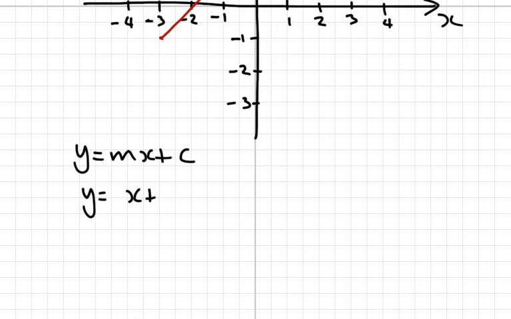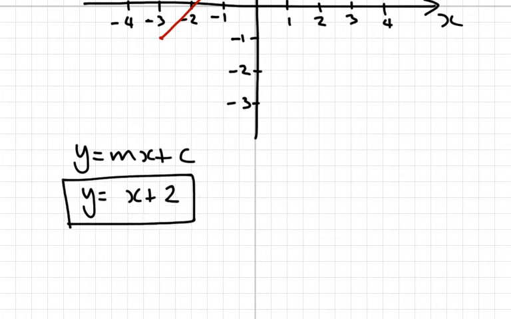Replace my c with the number 2, and this is the equation of that line. Another way you could have found your c is by substituting one of the points in there. But because I'm just doing this for my year 7 group, I'm going to leave it here.